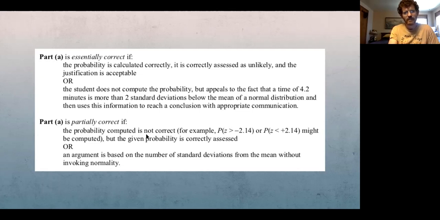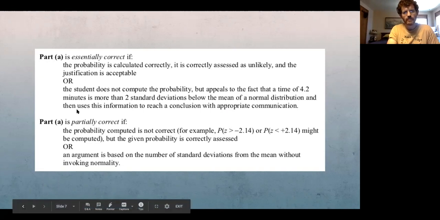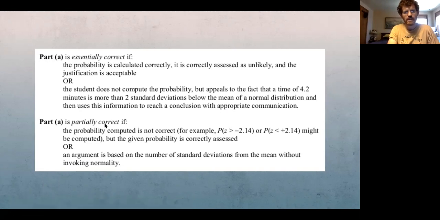The probability here, partially correct, is if it's not correct, but the given probability is correctly assessed. So here's the part, and it's good to see this kind of stuff because now I'm looking at my answer and I'm thinking, wait a second, I'm not sure that I really answered that question in a way that's going to give me an E or even a P. I don't know. It'd be kind of interesting to see what that was scored as.